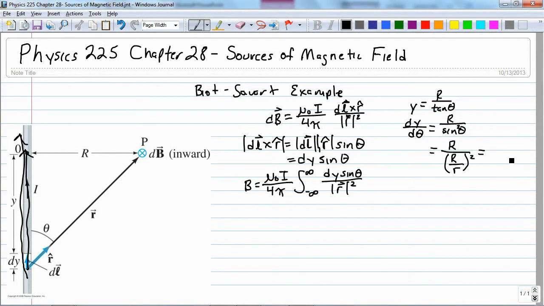And that gives me little r squared over big R. So dy is equal to little r squared over big R times d theta. And now I can put this into my integral.